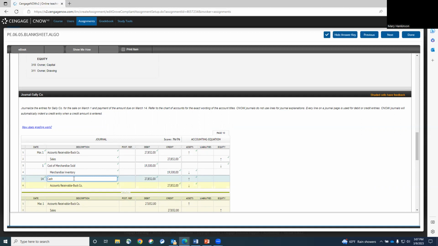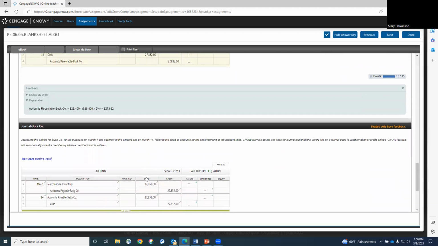And then we're going to close out their receivable for Buck Company because they no longer owe us that money. So we're going to credit accounts receivable the $27,832 because we're closing it out. All right, Buck Company no longer owes that money, so we're going to close out that receivable.